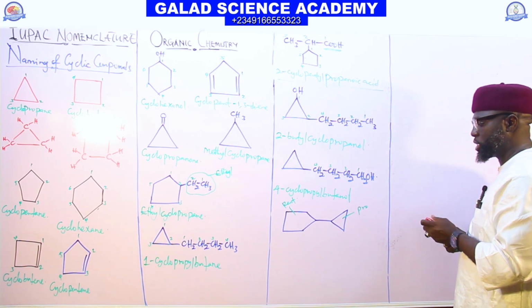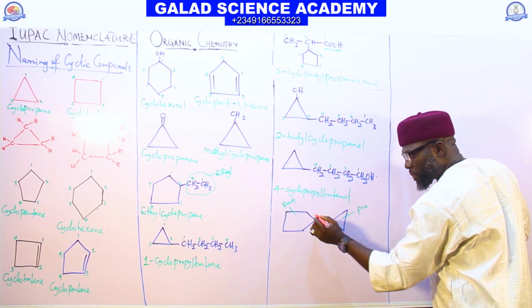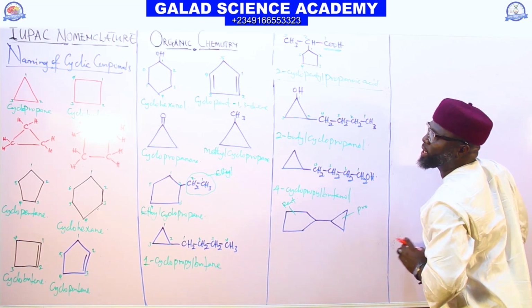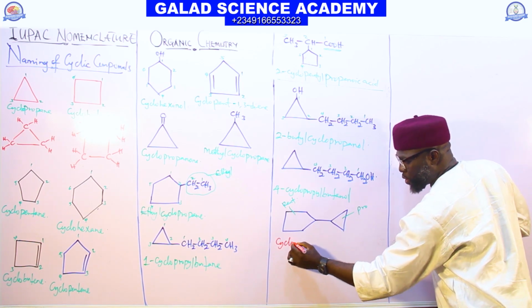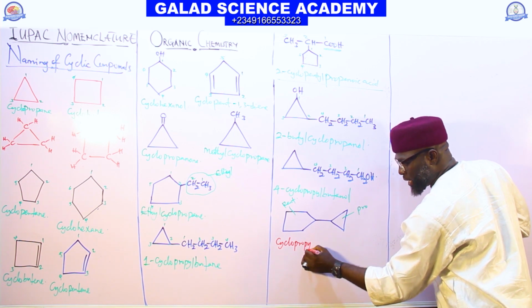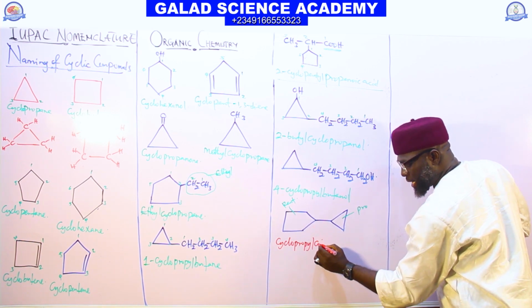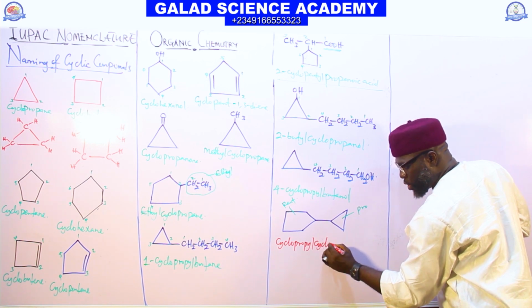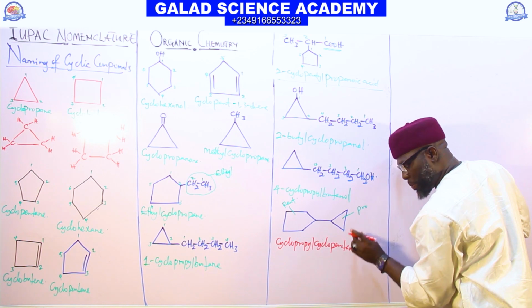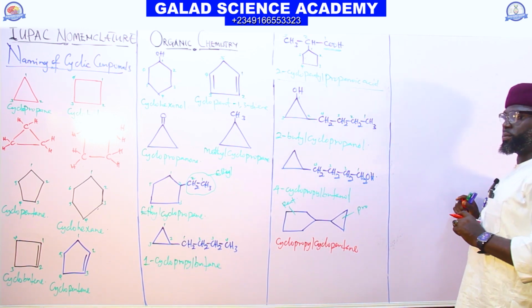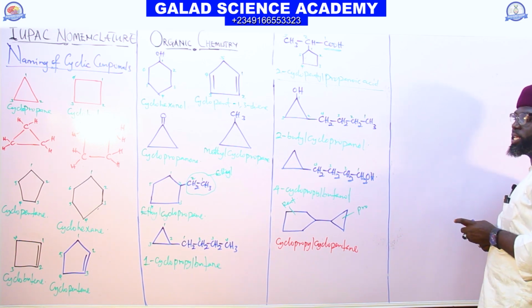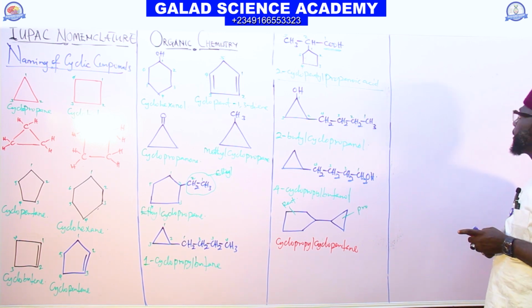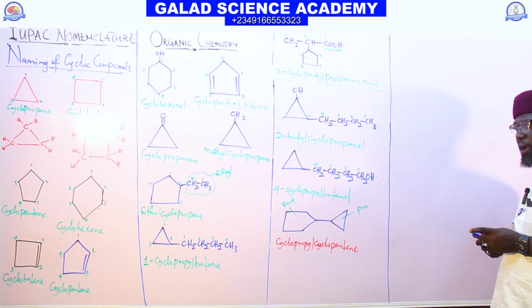As substituent group. You now call this what? To name it now, it will be what? Cyclopropyl cyclopentane. That should be the name.